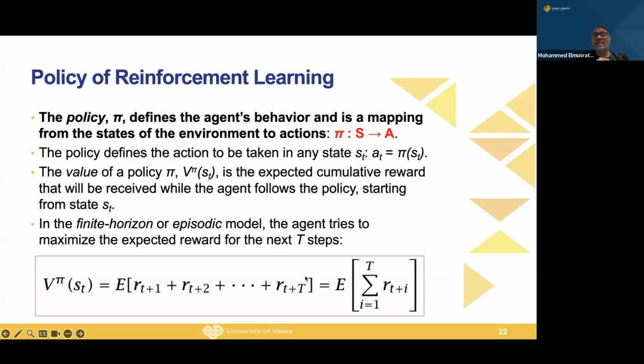But at the end, when you reach the winning state, you can distribute this winning, for example, plus 100, over all the states that you have visited before, in order to motivate you to take the best state, which can lead you to the winning in the minimum number of steps.